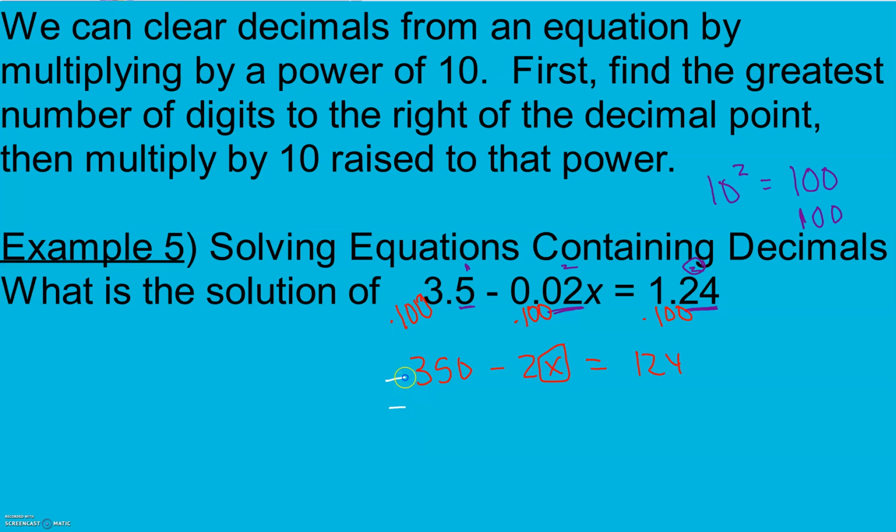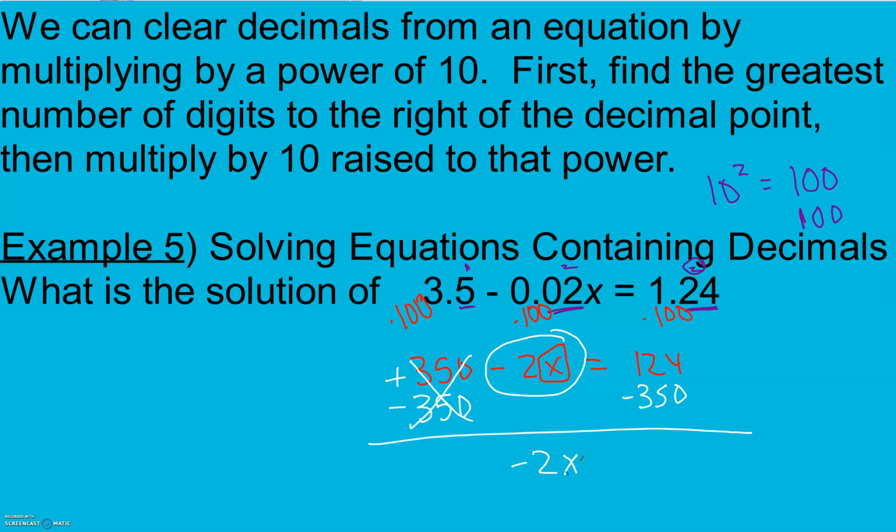I get rid of my positive 350 by subtracting 350. That gets me to 0. Whatever I do to one side, I do to both. Bring down what we have. Here, bigger minus smaller. Sorry, 226.